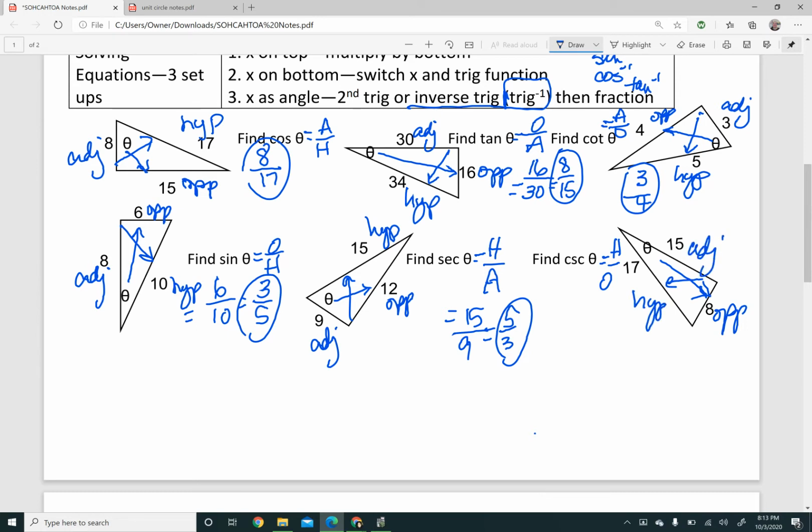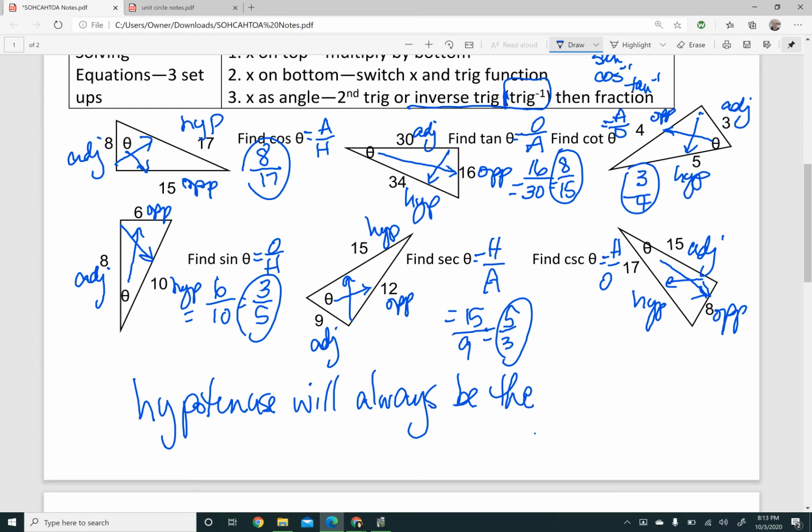One other thing to notice is the hypotenuse will always be the largest side. Okay, just a note.